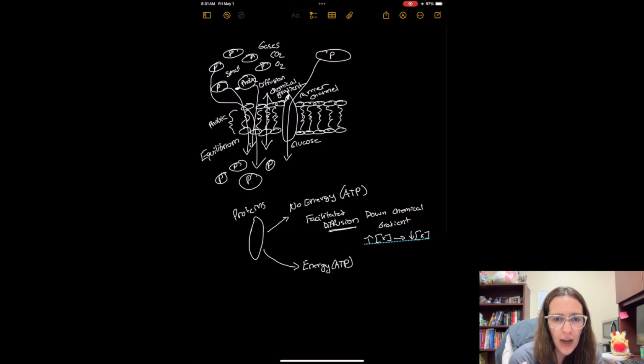So think about, I don't want to get out of bed in the morning sometimes, but if I give myself a little oomph, I'll get myself out of bed and do what I need to do. Same with the cell. That protein may not want to do the action, but with ATP and a little oomph, it'll be able to do that reaction. When it does this, we call this active transport.